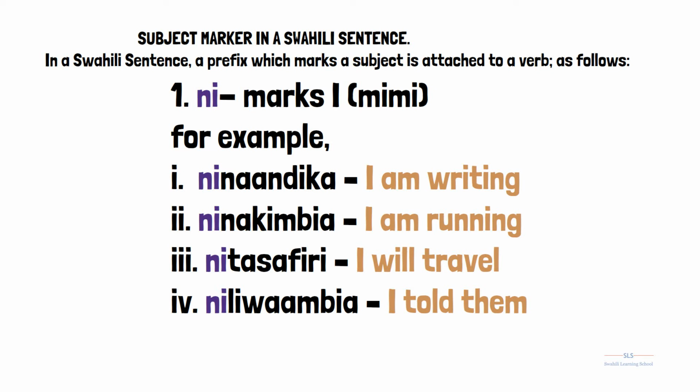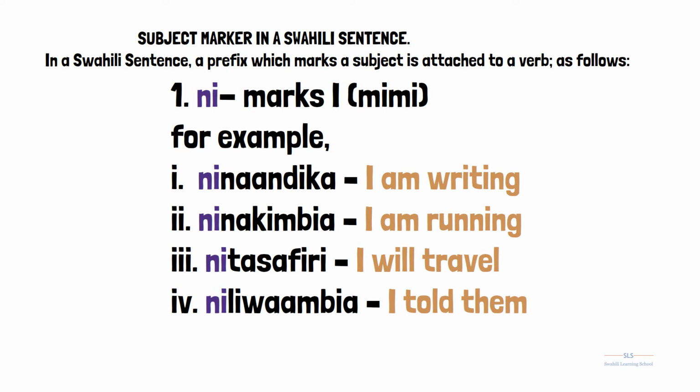So the way to understand who is talking, because the subject is omitted, since in Swahili we tend to omit the subject in many cases, is to look at the prefix which marks the subject in that verb. Like from ninaandika, ni marks a subject which is mimi.